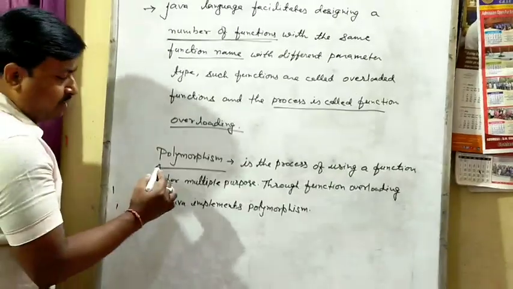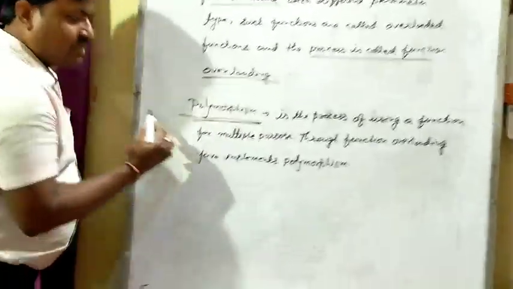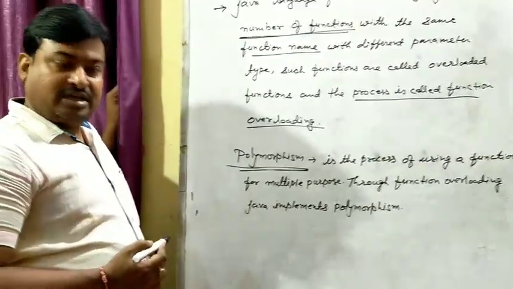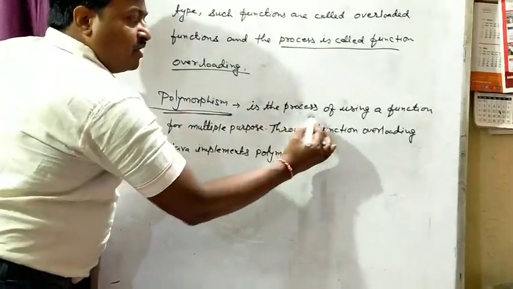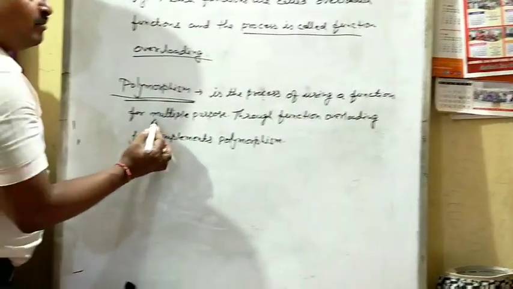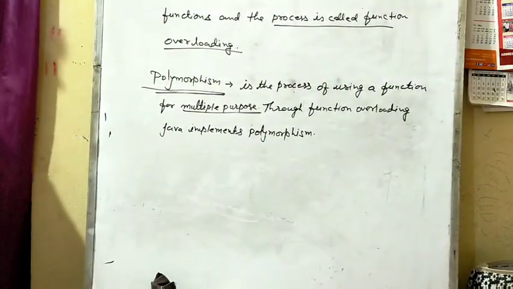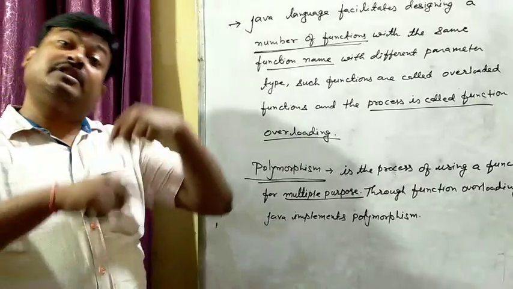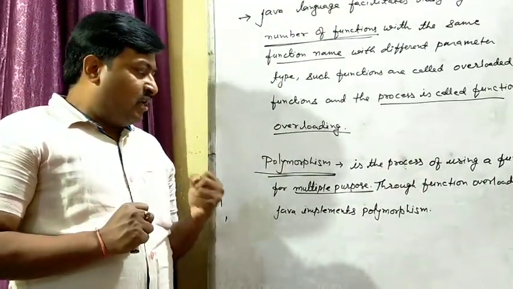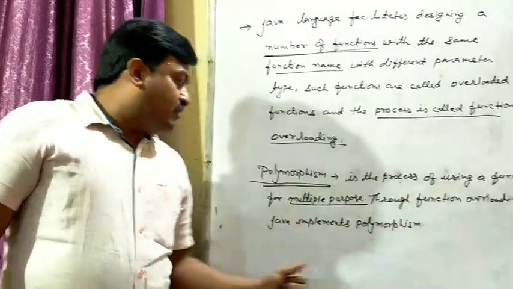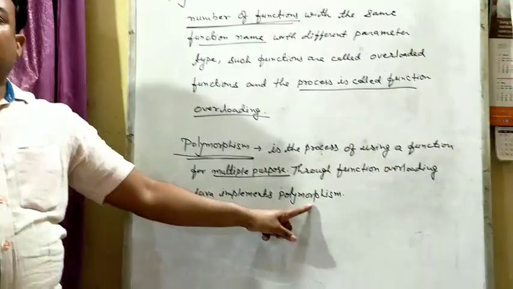Students, if you remember polymorphism, it is an important principle of object-oriented programming. Polymorphism is the process of using a function for multiple purposes. If we use one function for more than one work, this phenomenon is called polymorphism. So through function overloading, Java implements polymorphism.